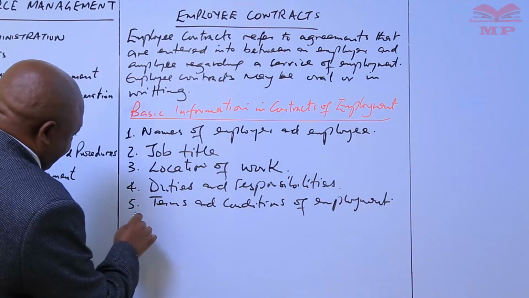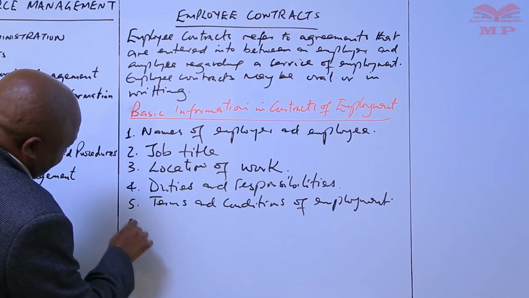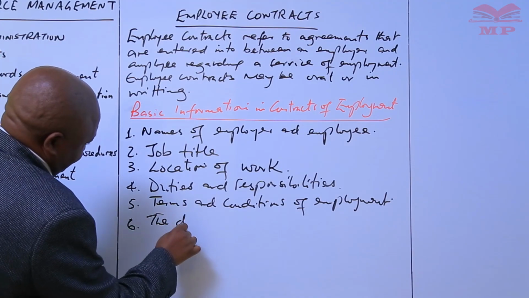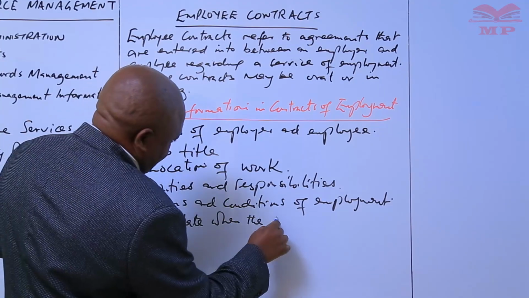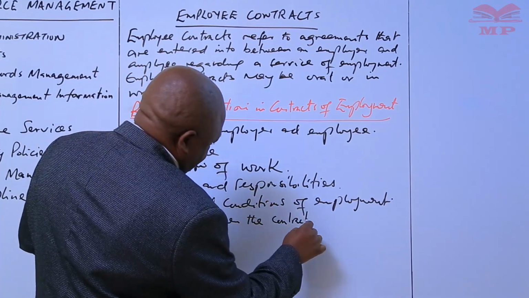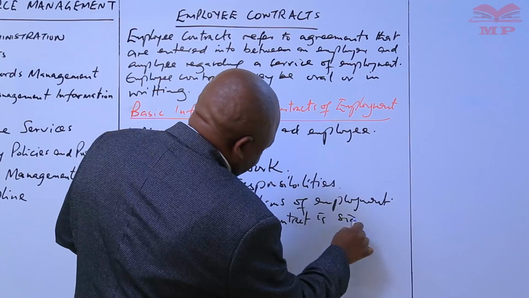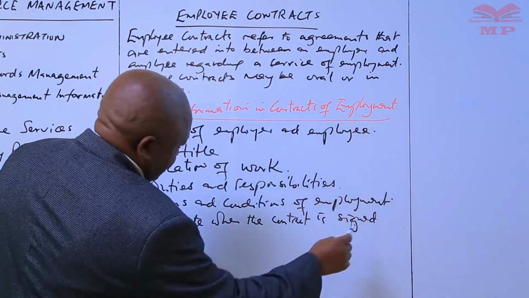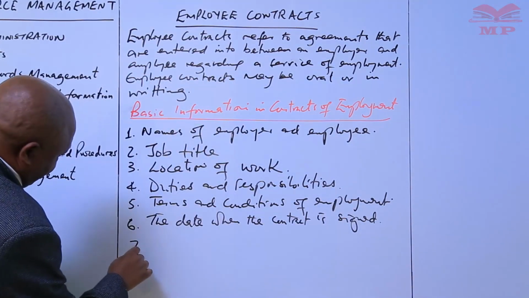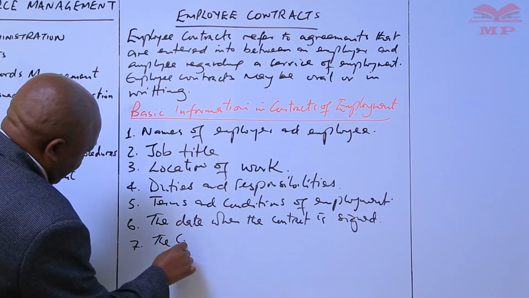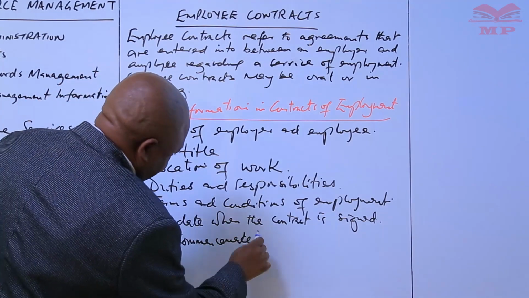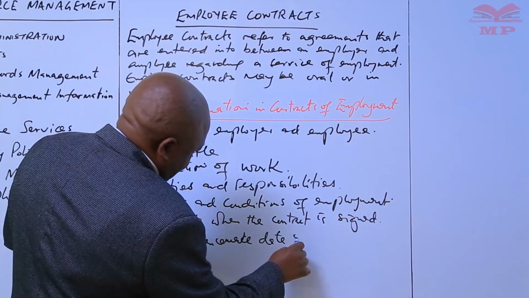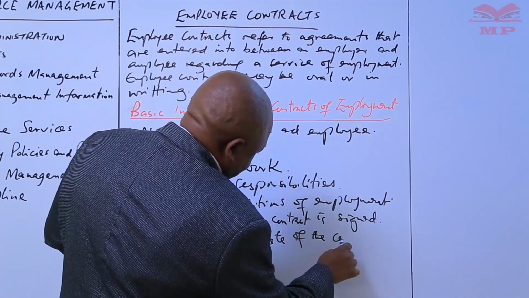Then you may also have number 6, the date when the contract is signed. 7, the commencement date of the contract.